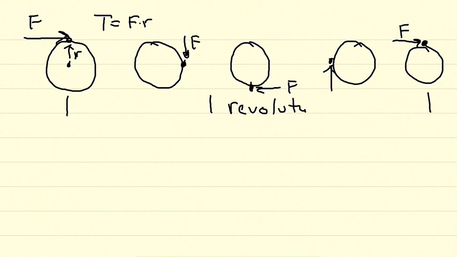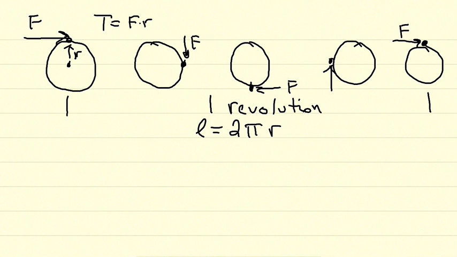If we think about what that dot tracked out, if we had this dot on a roll of paper with some ink on it and it were to map out a linear distance, then for one revolution, that linear distance is just the circumference of the crankshaft, which is 2 pi r.